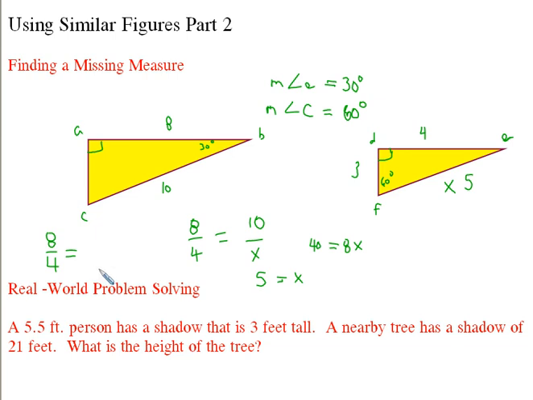And now I have 3 down here. I'm going to say this is Y. So then it's 24 is equal to 4Y. So Y, just like I said, is going to be equal to 6.